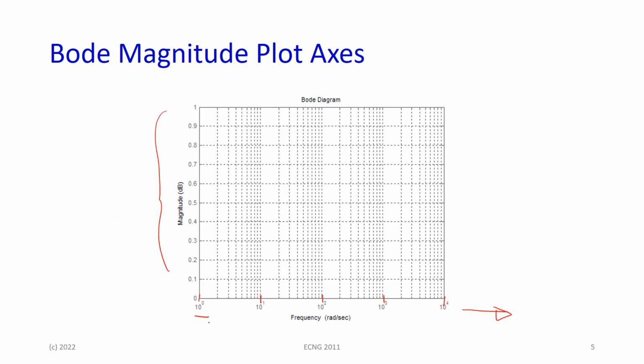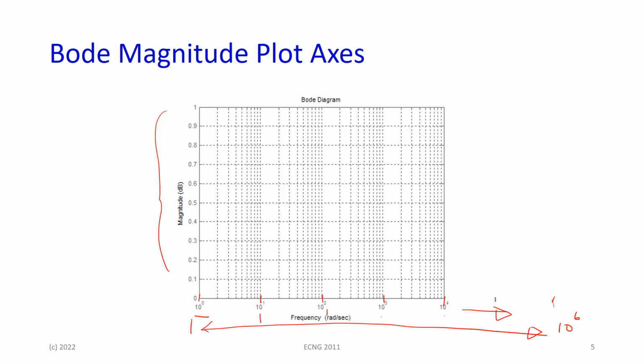So this is 10 to the naught, which is 1. This is 10. This is 100. This is 1,000. This is 10,000. The next stop would have been 10 to the 5th, then 10 to the 6th, and so on. Notice that in a reasonable space, for instance a typical sheet of paper, I could go from 1 hertz to 10 to the 6 hertz, or 1 megahertz, by using a log scale.